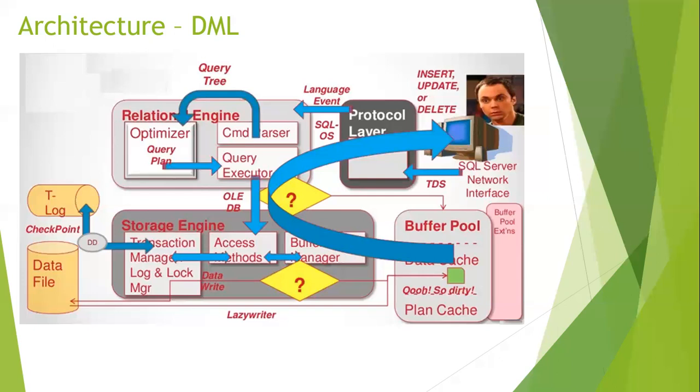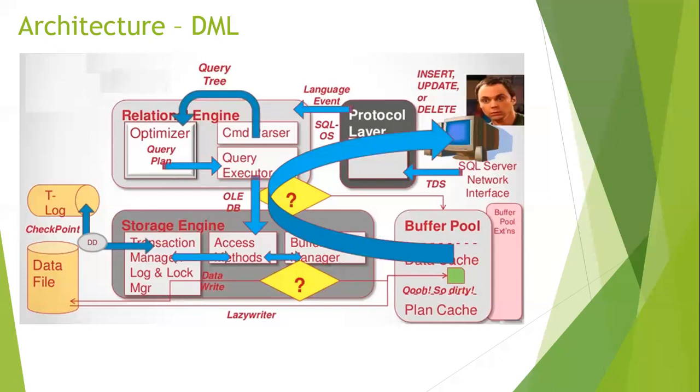Durability means that once a transaction is committed, it will be available even if the system or database crashes or restarts. A committed transaction will not be lost. That is the main purpose of durability. So how will the logs be flushed?